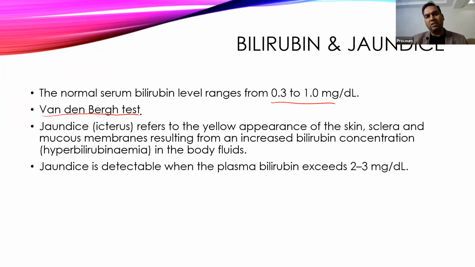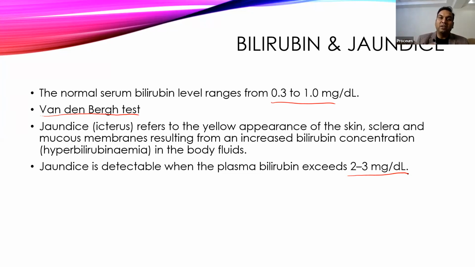When this concentration increases beyond 2 to 3 gram percent, it can be easily visible, because bilirubin has a high affinity for fibrous tissue, and fibrous tissue is present in the skin, sclera, and nails. It starts depositing in those tissues and makes them appear yellowish.